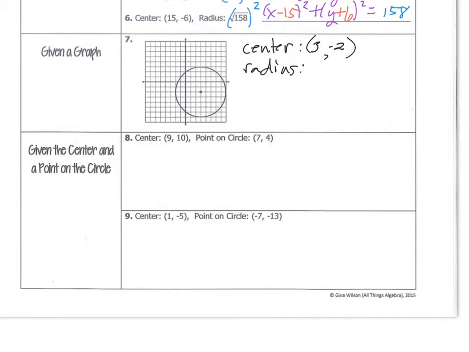And then to find your radius, just go from that center and pick a vertical or a horizontal distance to the outside of the circle. So just count 1, 2, 3, 4, 5. So isn't our radius equal to 5? Can't you write the equation of the circle now?